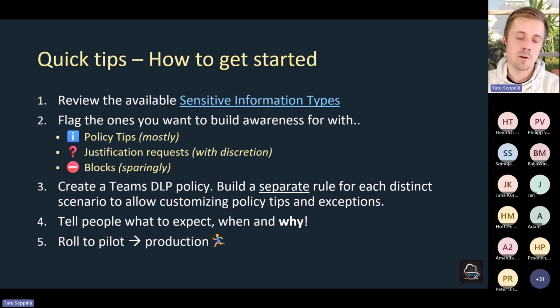So having a round of trainings with demos, communication, telling people we're just trying to keep you informed is all, will help prepare the organization. So after all this is done, you can start to roll out the pilot, fine-tune it, and then roll out the production. I would really get started with policy tips only even. It's an easy route to go without messing things up.